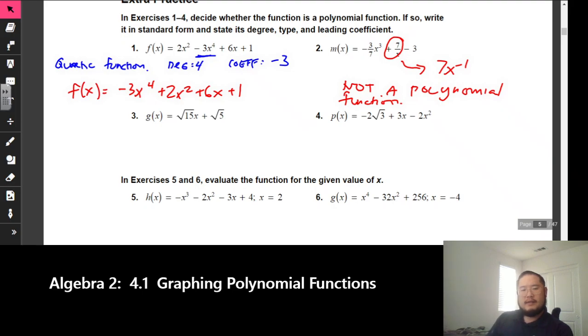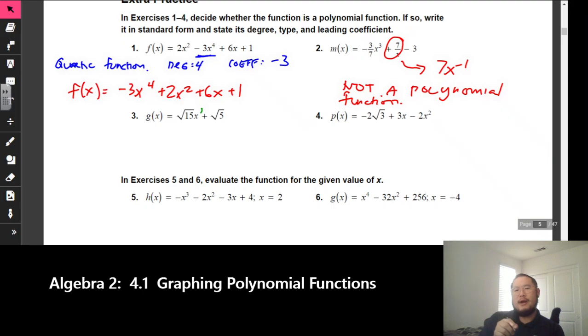All right, taking a look at number 3. It looks pretty tricky. We've got rad 15 times x. So here's the thing. I see the x by itself, so that's x to the first power.